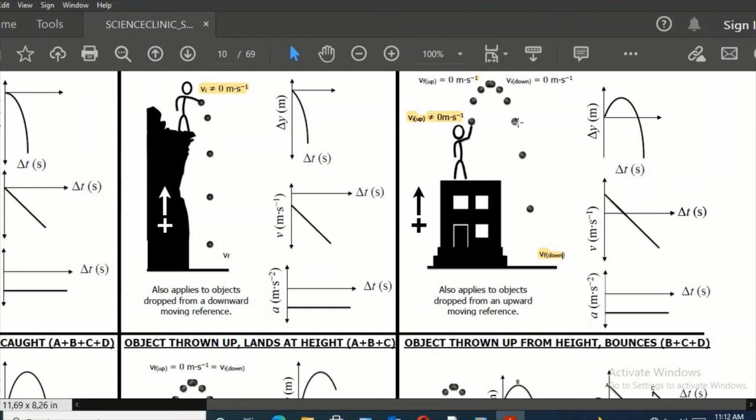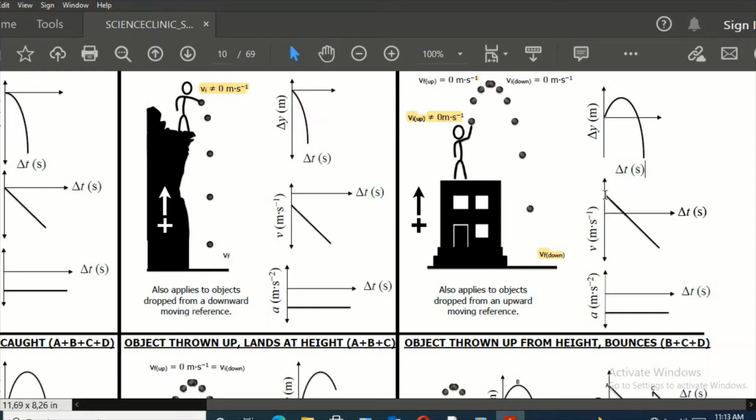So this would be here, and because you're not catching the ball and it just drops to the floor, this now will continue down until it reaches here. It reaches the floor. And then this is what the velocity time graph would look like. So this will be the initial velocity.